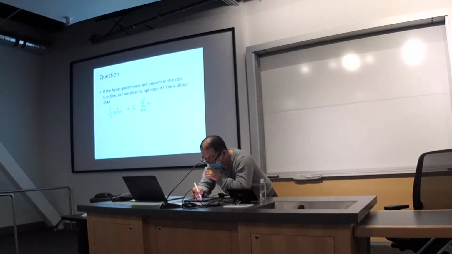The hinge loss is max 0, 1 minus the functional margin, so it's yn times w transpose xn plus b. We want to minimize this objective function in terms of w and b.